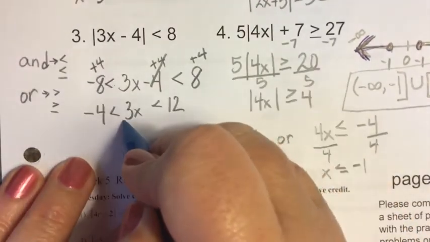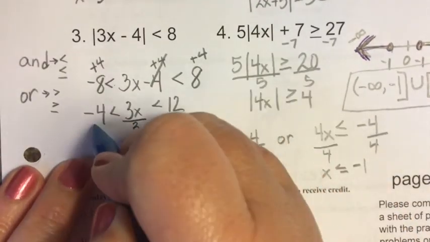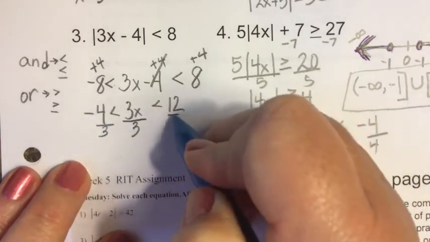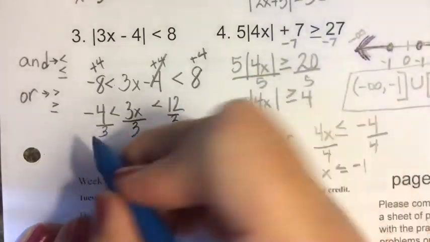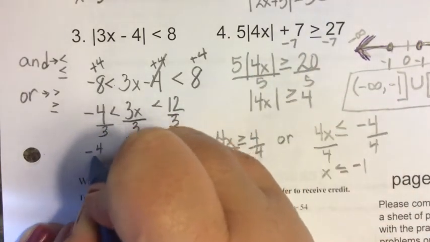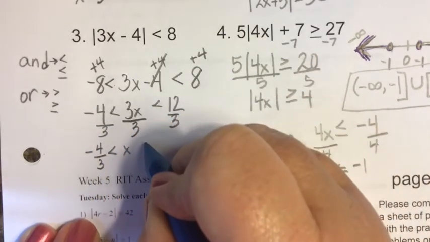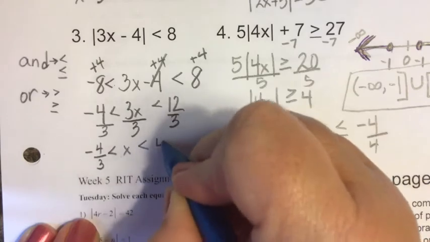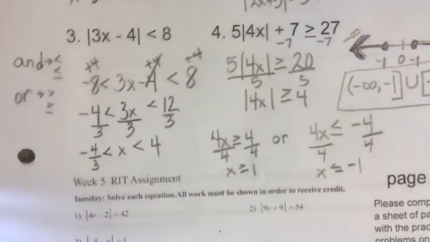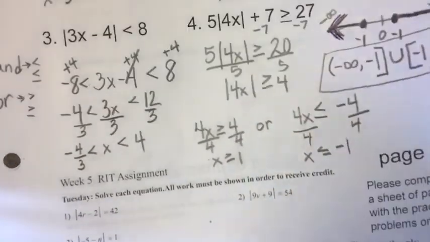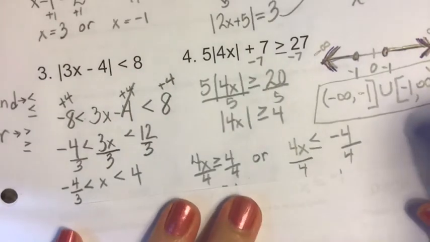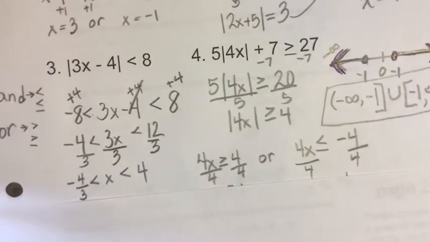Next, I will divide the middle by 3, the far left, and the far right. So I have negative 4/3 is less than x, which is less than 4. The next thing I'm going to do is graph that on a number line.